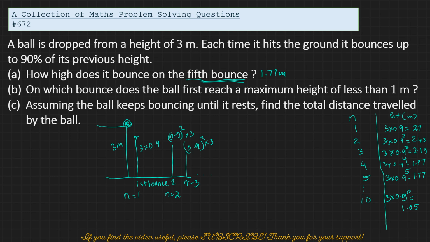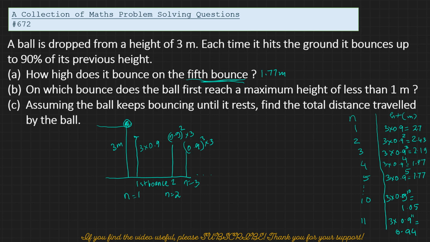And then if I say n equals 11, what happens is 3 times 0.9 to the power 11, multiplied by 3, and that is 0.94.